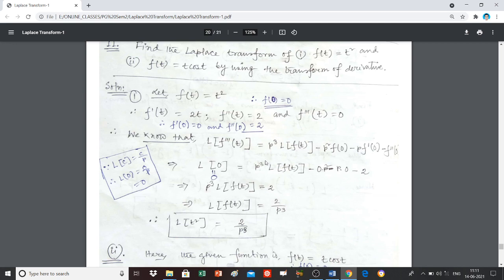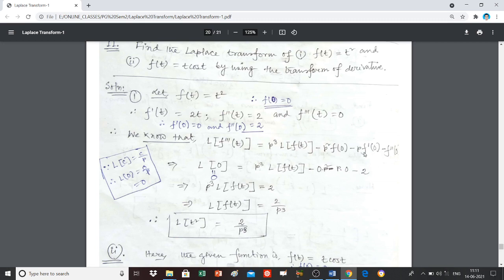That is equal to p cube L of f(t) minus p square times f(0), and f(0) we have computed to be 0, so 0 into p square, then p into f prime 0, where f prime 0 is equal to 0, so p into 0, and f double prime 0 is 2, so with the negative sign, minus 2.